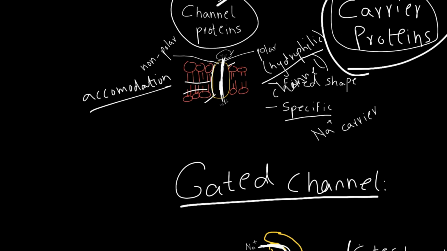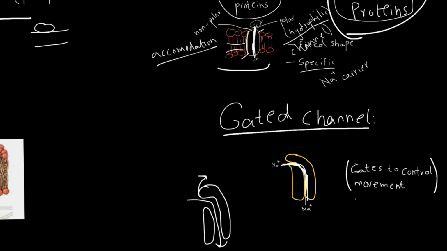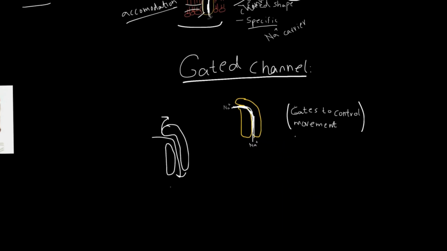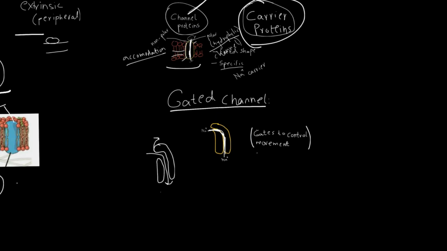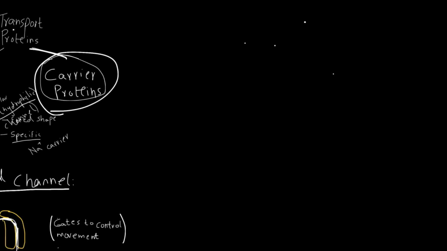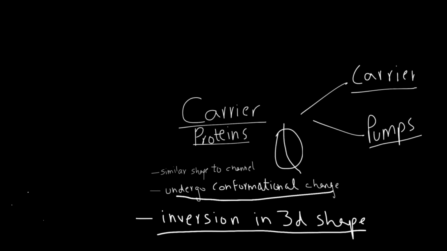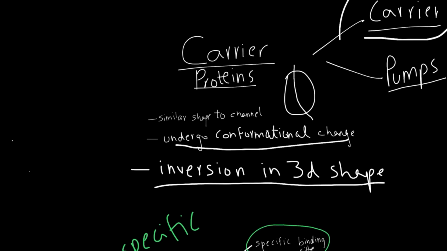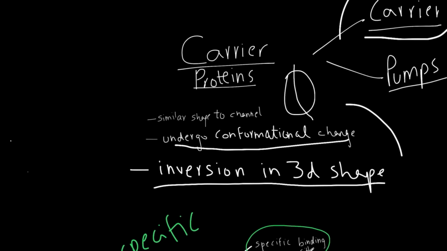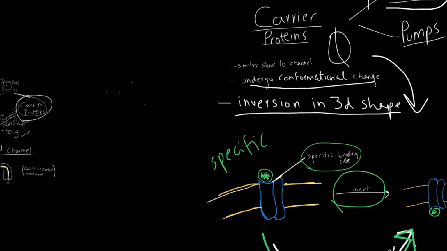We did channel right here, where a polar hydrophilic channel goes through a non-polar protein. Then there was a gated channel where the gate opens up to allow the ions to travel. Then we went on to carrier proteins. There were two types of carrier proteins. The first one were simple carrier proteins, which showed a conformational change. Now these carrier proteins used diffusion, as I stated right here.